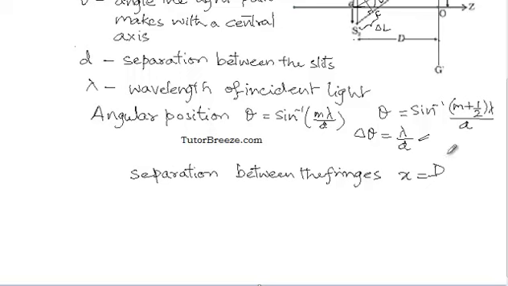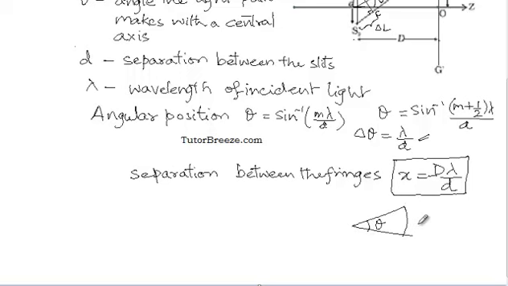Once again let's look at the different symbols that we have used over here. D is the distance of the screen from the slits, lambda is the wavelength, and small d is the separation between the slits.